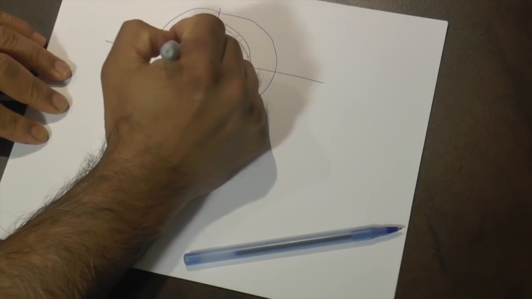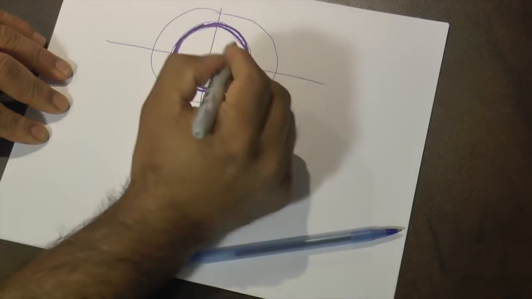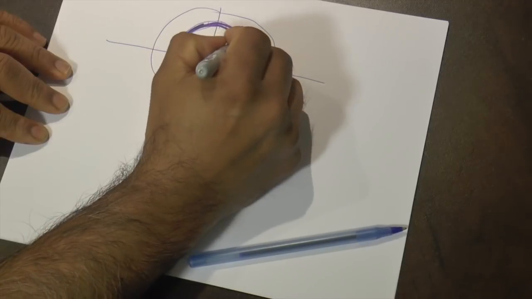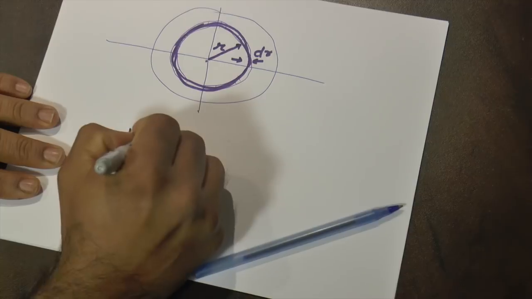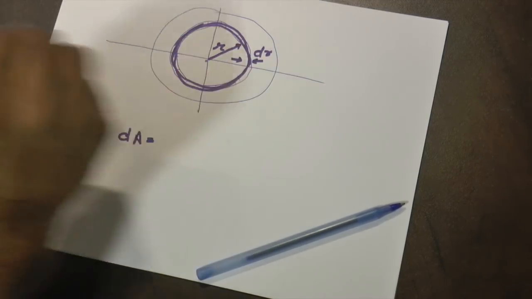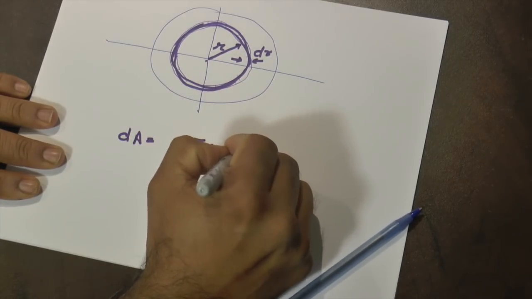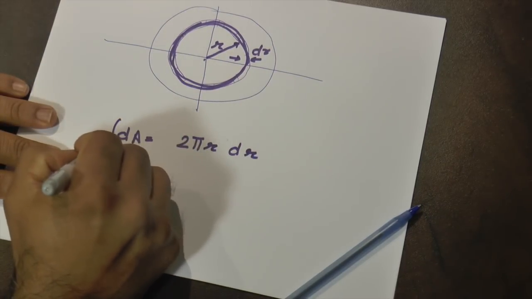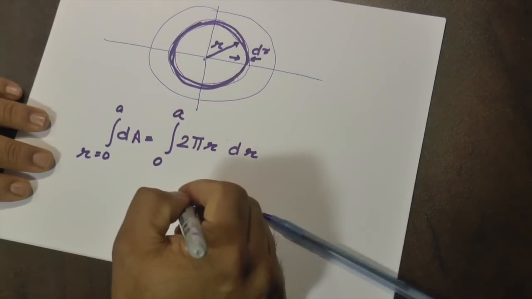So the symmetry tells me I could have made a small ring of thickness dr at a radius r, and thus dA would be the circumference multiplied by the thickness. So that would be 2πr dr, and I have to integrate this from r equal to 0 to a.